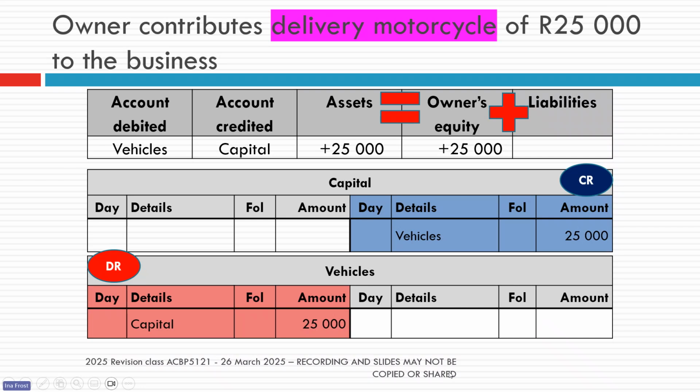Hi, Ina. Just very important, usually with my students, when I tell them to read the transaction, at the same time I also tell them to identify already the two accounts. So for the example, when you see owner contributes or owner invested, already you need to remember that has to do with capital, and then delivery motor vehicle has to do with vehicles.